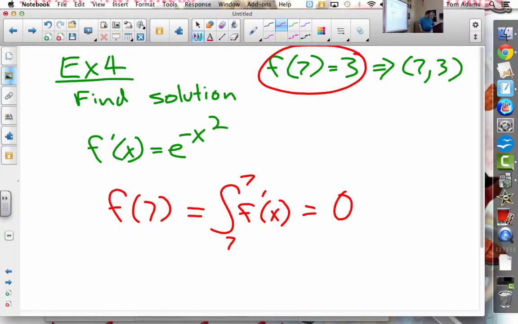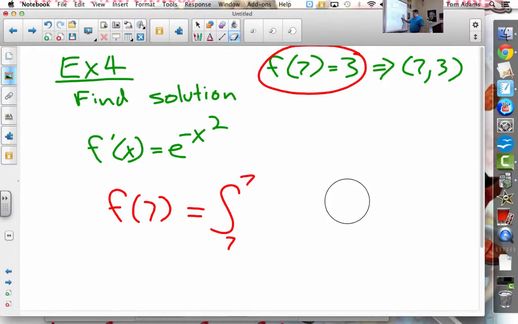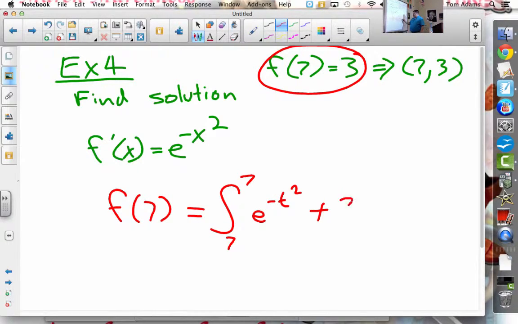So one way to work around that is I need to think of it in terms of this. It's really e to the negative t squared plus 3, right? And I suppose if I wanted to be real fancy, I'd say dt plus 3. That's what that is. That has to be that. All right.